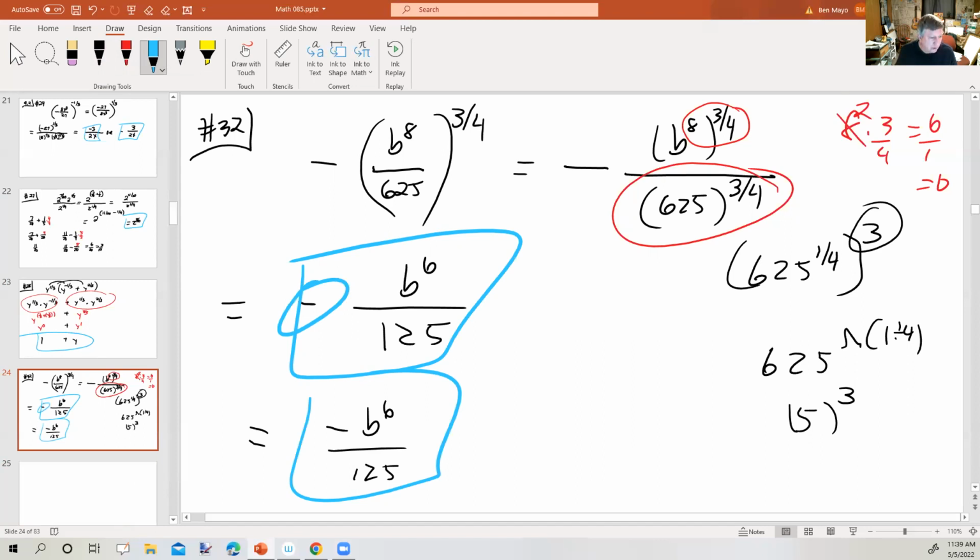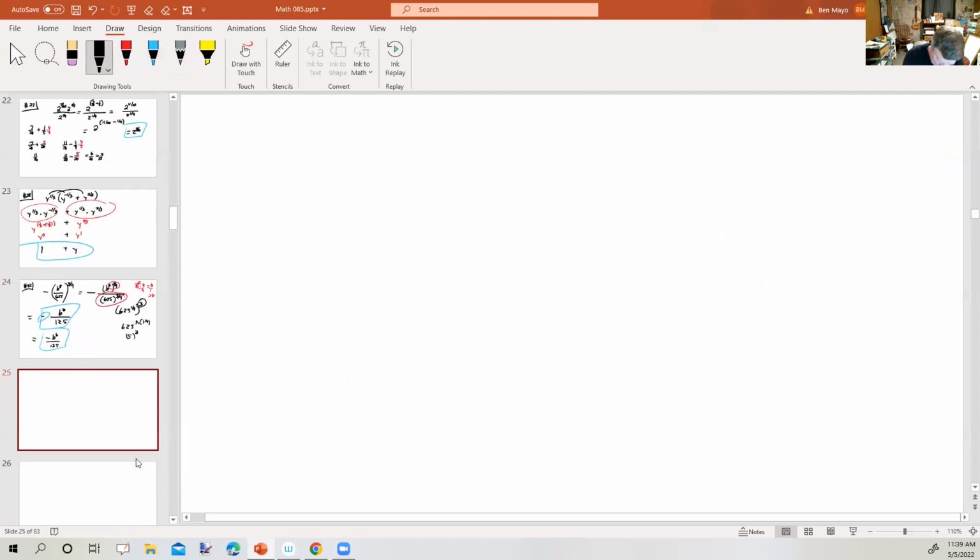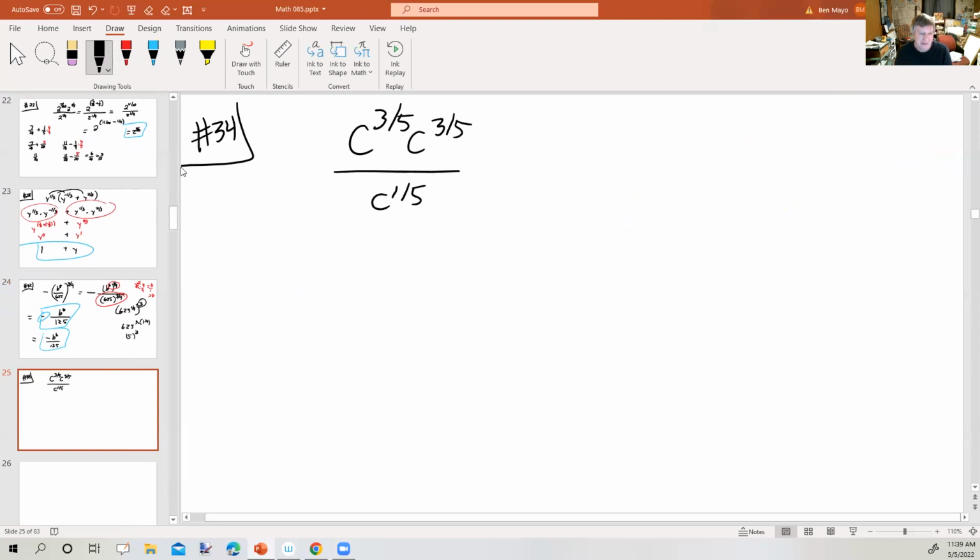Let's see, 34 coming up. Number 34. Simplify the expression. The variable represents a positive real number. Very similar to one we did a little earlier. C to the 3/5, c to the 3/5, c to the 1/5. At least these all have the same common denominator.